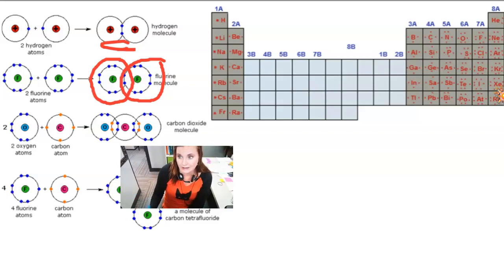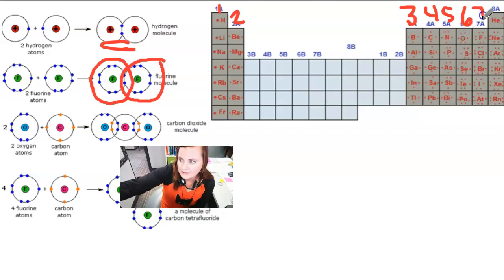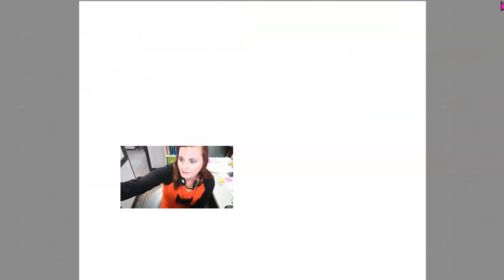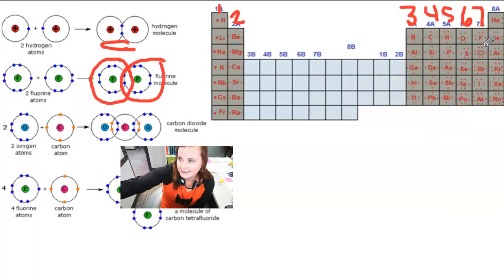Lithium has 1 valence electron right here. Beryllium has 2. Remember we did this earlier. We wrote the number of valence electrons at the top of the screen: 1, 2, 3, 4, 5, 6, 7, 8 up here, okay?